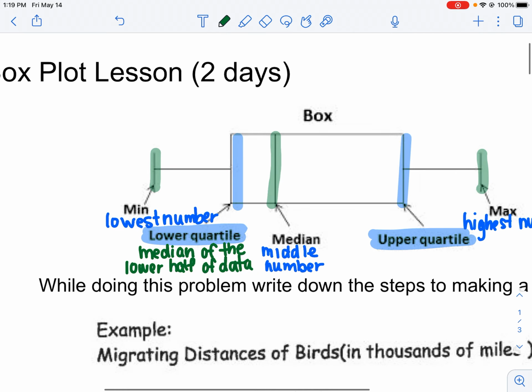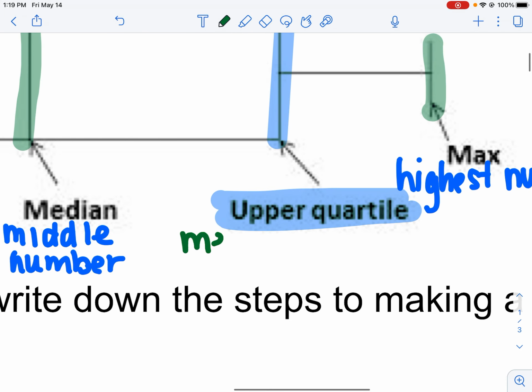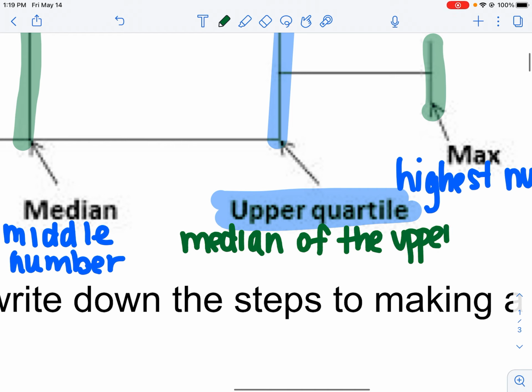And then for the upper quartile, this is going to be the median of the upper half of your data.